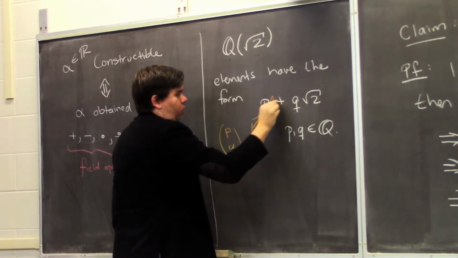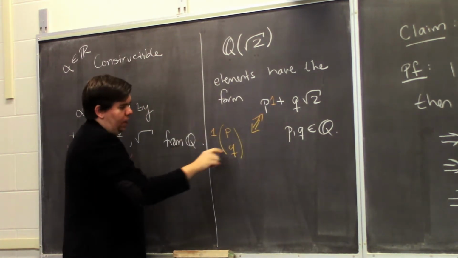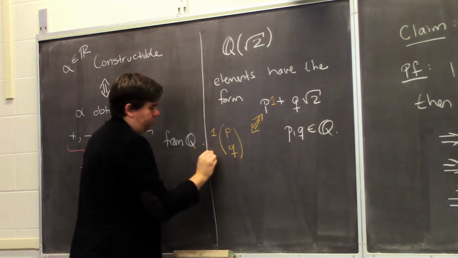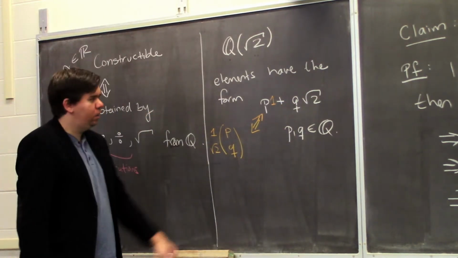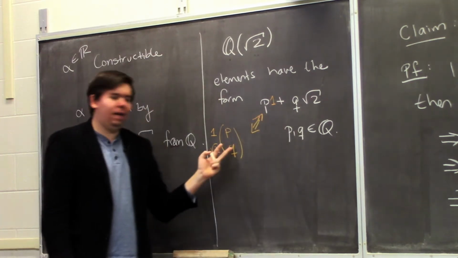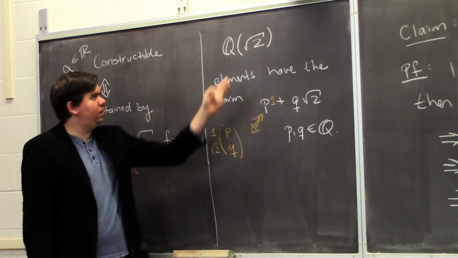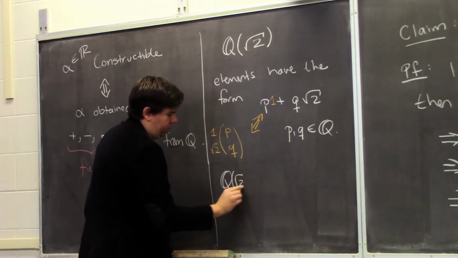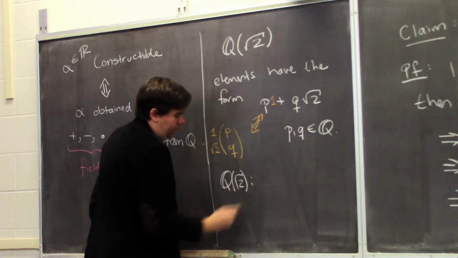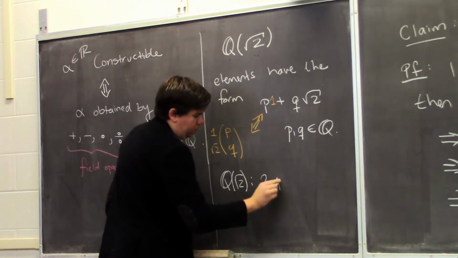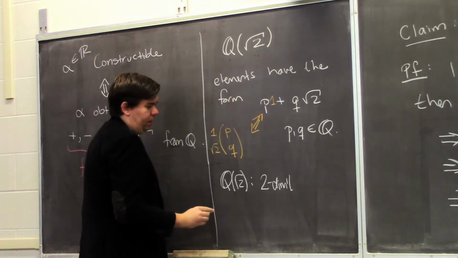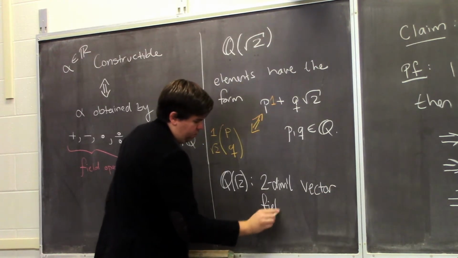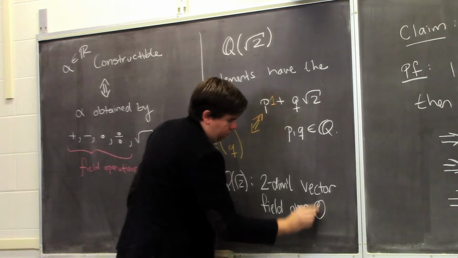It's like a p times 1. That's your 1 value. And the other value is whatever the scalar is that's being multiplied by the root 2. Right? So things inside of Q extended by root 2 you can think of as vectors, and you can think of Q extended by root 2 as really being a two-dimensional vector space over Q.